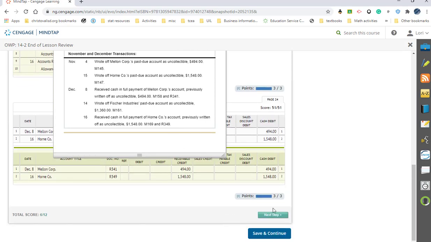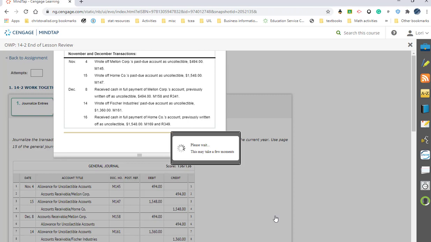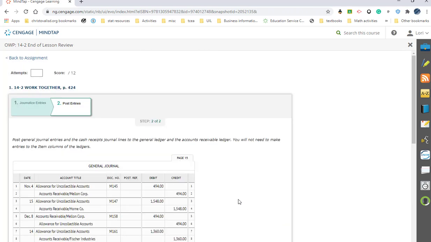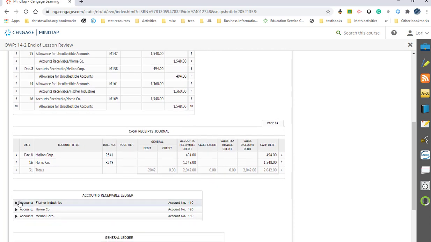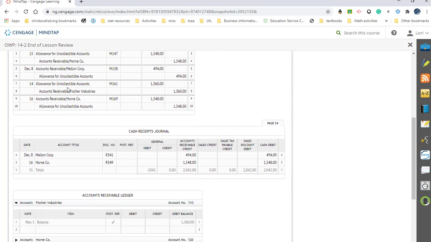And now we're just going to post those into the general ledgers. We're going to post the entries. So, Fisher Industries, what happened with Fisher? Fisher on the 14th had a credit of $13.60, meaning their total goes down to zero because we wrote off their balance.